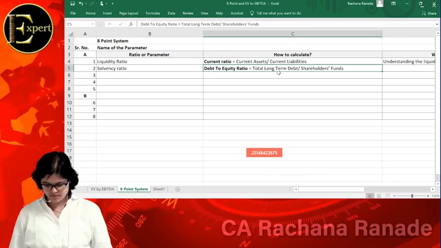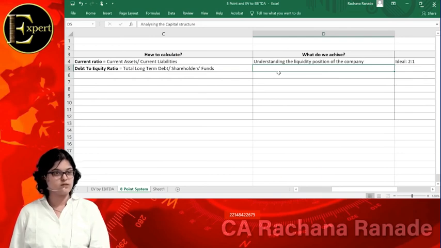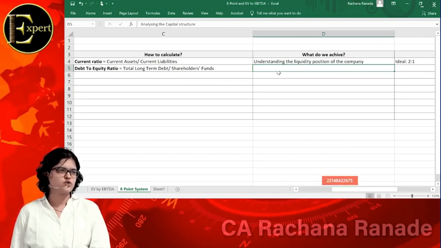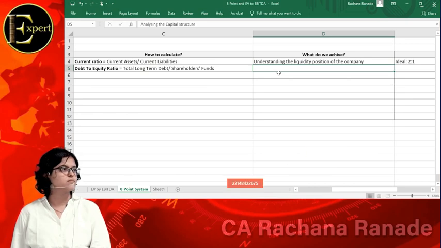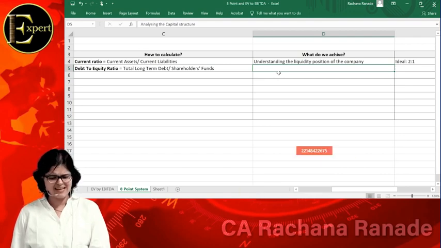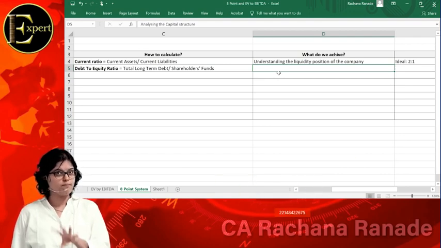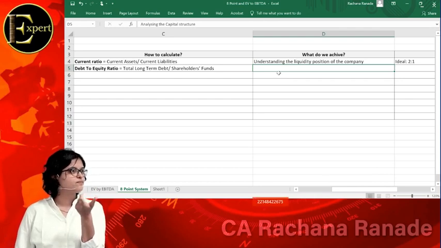Can we go on? What do we understand with this? Debt equity ratio, so what do we understand? It should be less, agreed, but that is the interpretation part. What do we understand if I say this much is debt, this much is equity? Mainly it helps us understand the composition of funds raised.